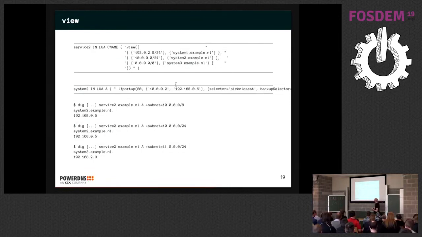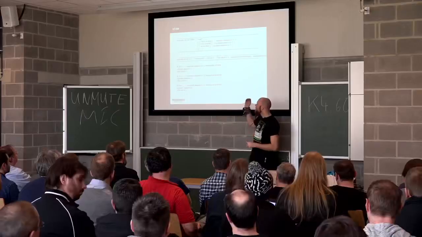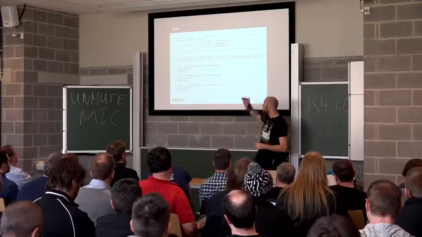For the system 2, you can combine all these Lua records. So I have an if port up there, and I will also use the GeoIP functionality pick closest to pick the closest address to the user if the ports are up for both. As you can see, I am doing a query with a subnet.